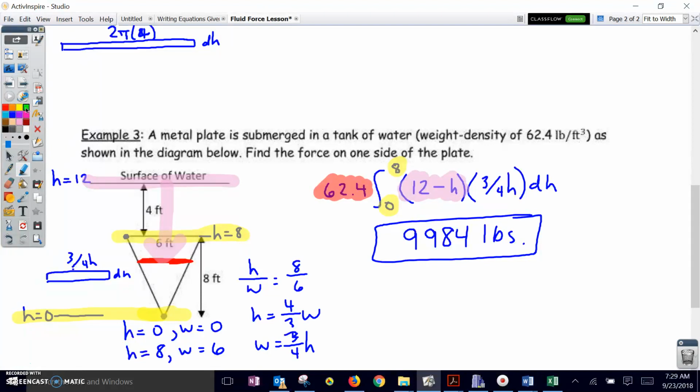And then we need the width of a typical strip, or the area of a typical strip, which we find by using whatever area formula is appropriate in a given context. In this case, we were just cutting a slice out of this, and so it was a rectangular slice where we needed the width and the height of the strip. And once we do all that, we set up our model and go.